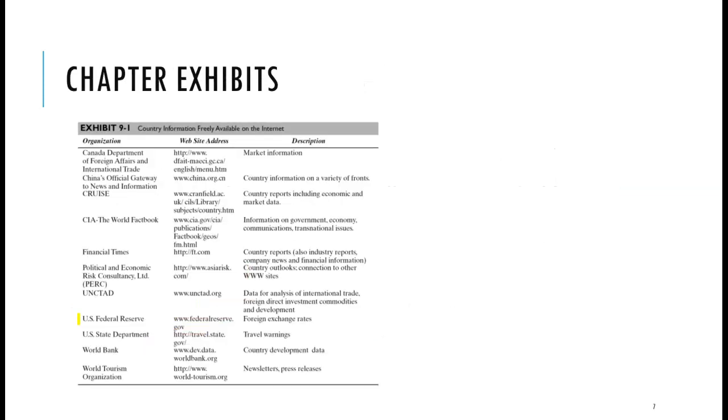If we look at exhibit 9.1, this presents a sampling of freely available web resources which can be used to learn about country risk and travel conditions. In this exhibit there are organizations, the website address, and the description.